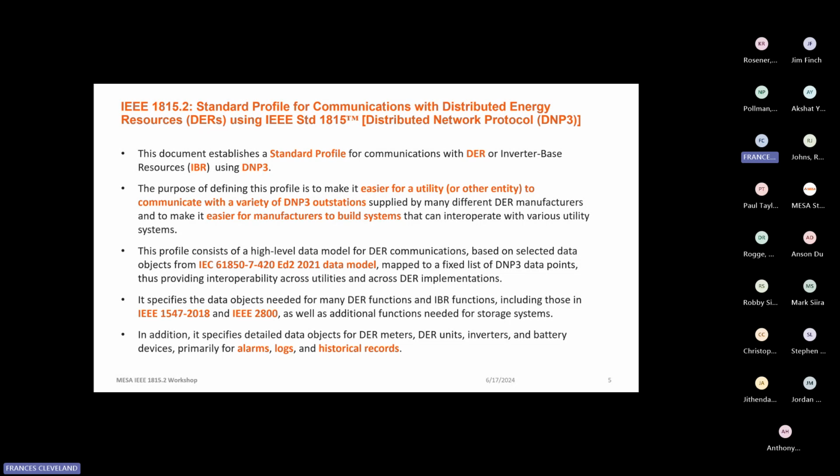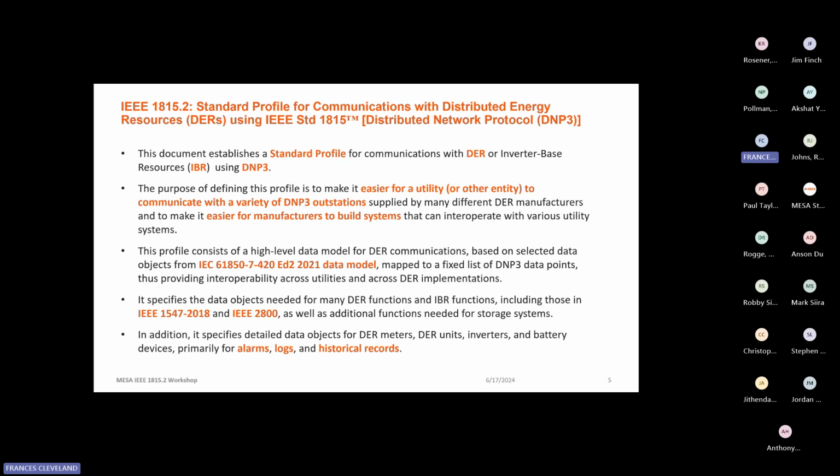For those that don't know this, and I hope you do, DNP3 itself is very, very basic. It only includes analog values and binary values, inputs and outputs, and doesn't include any kind of names or semantics to go along with those points.